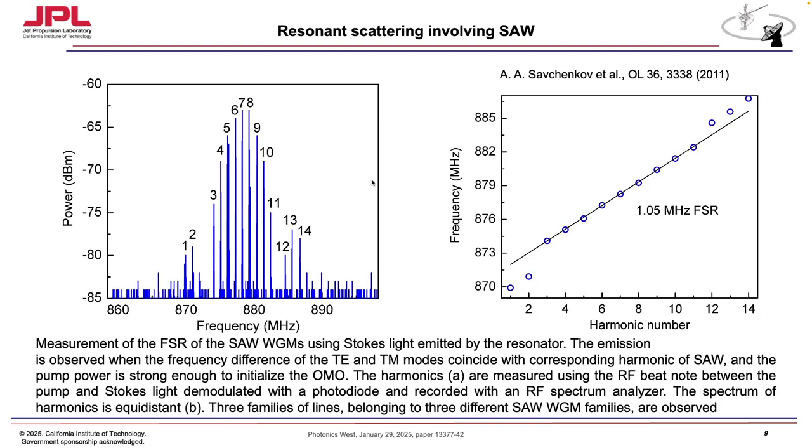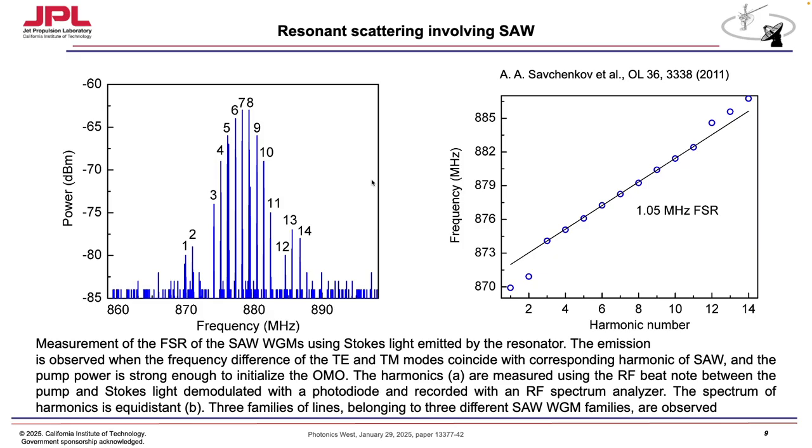With respect to surface acoustic wave scattering, we were again able to select two modes. In this particular case, we use orthogonally polarized modes and separate them by the mechanical frequency. It is possible to tune the frequency separation between those modes, and at the point when the difference between optical frequencies coincides with the mechanical frequency, we have resonant oscillation.